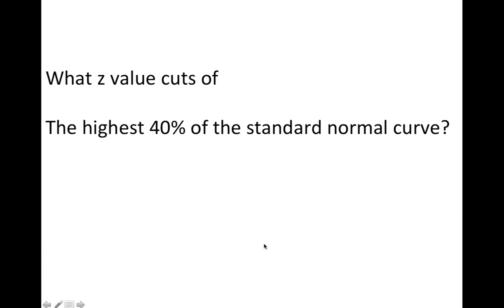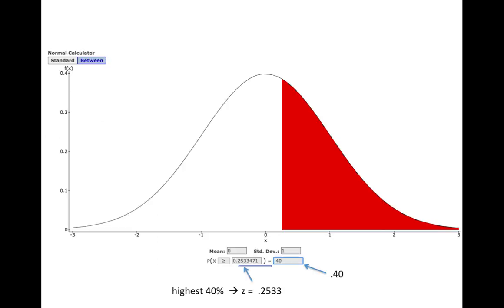Now we're going to take a look at percentiles. We want to find the z-score that cuts off the highest 40% of the standard normal curve. So we want the highest, so that would be a greater than. We're going to make sure we have a greater than selected.